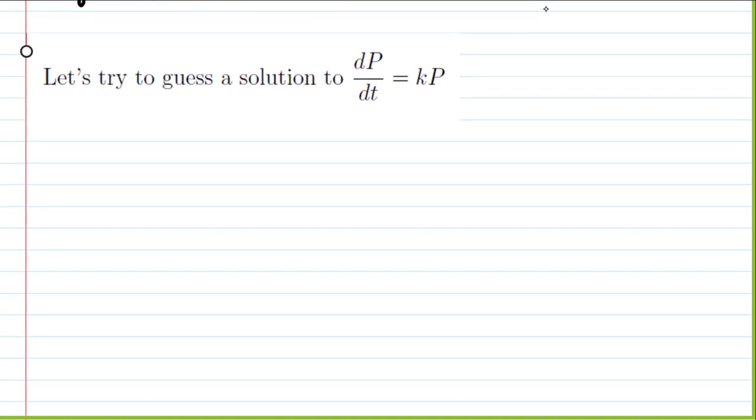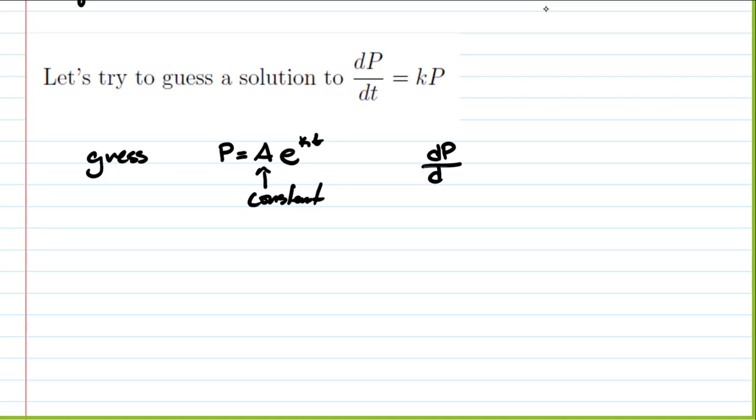So we're going to guess our solution, and we will guess that the solution is P equals A e to the kt, where A is going to be some constant. So then if we take the derivative, dP dt, the constant comes out of the derivative, and what's the derivative of e to the kt?